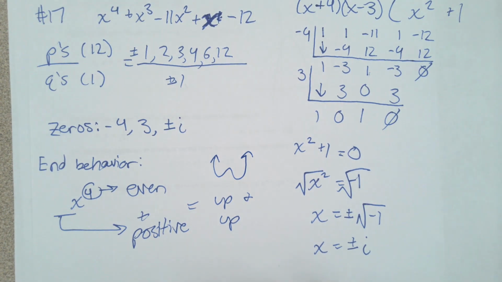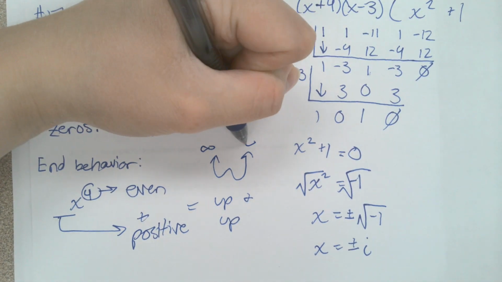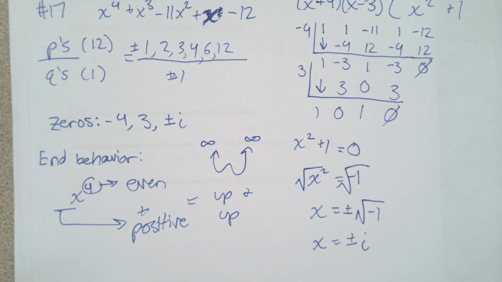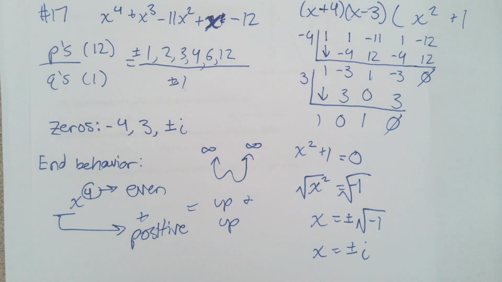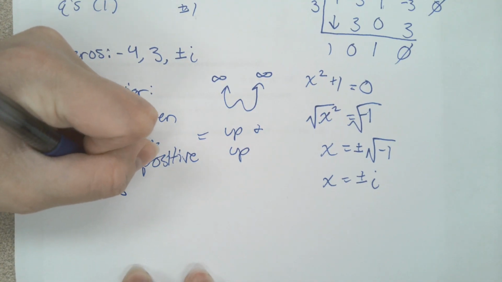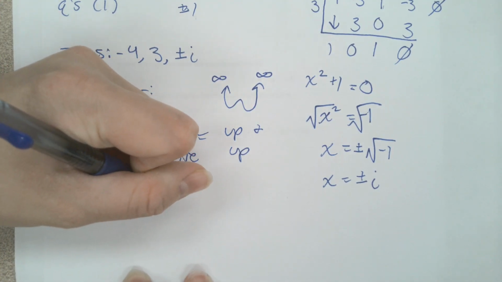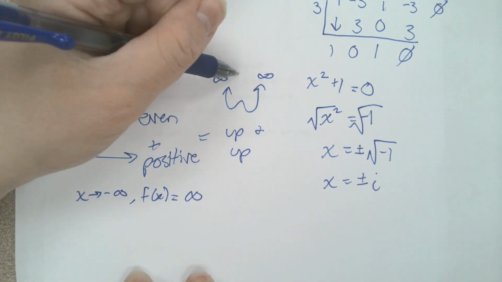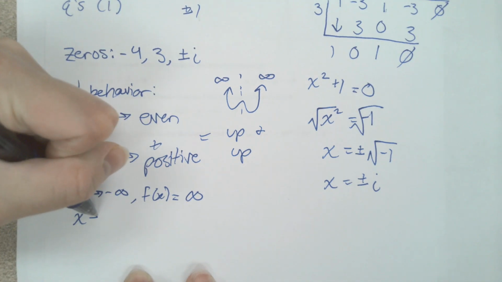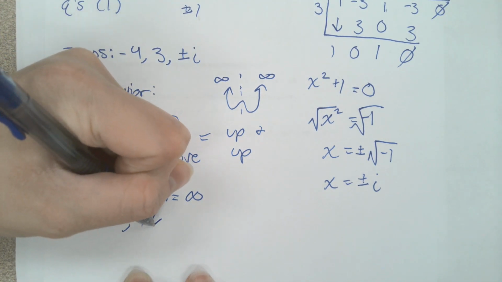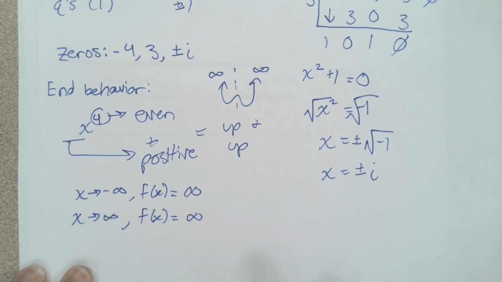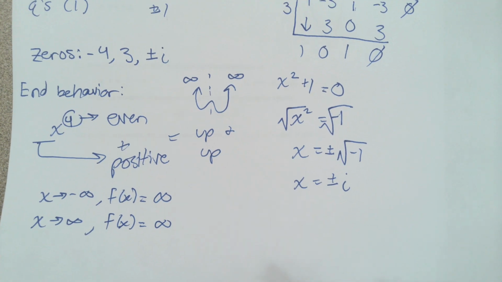So something like that. So it points to the positive infinities, from the left and the right. So just for practice with the notation, they say x approaches negative infinity, you say f of x approaches infinity. Because the left side of the graph is the negative infinity. And then the right side of the graph, as x approaches positive infinity, f of x still approaches positive infinity on the right as well.